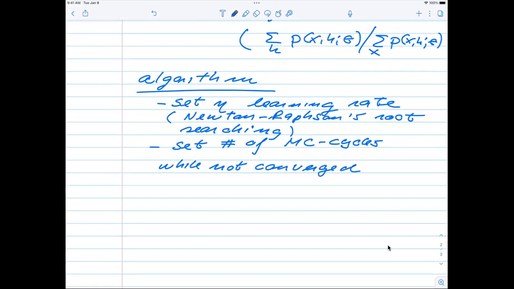Or we can have a stopping criterion: if the gradient is smaller than a fixed number, let's say 10 to the minus 6 or 10 to the minus 5, then we would stop the iterative process.